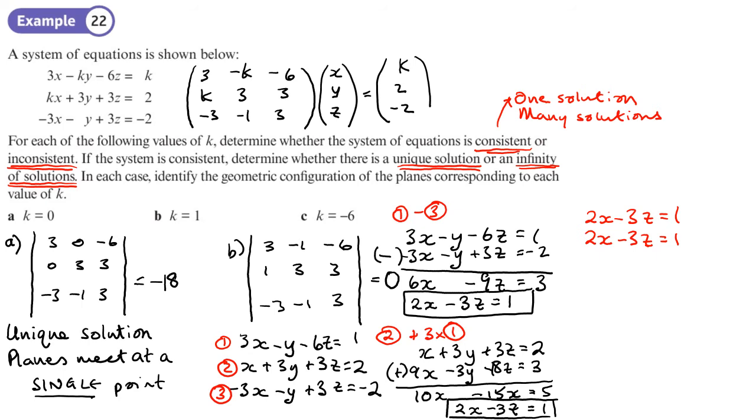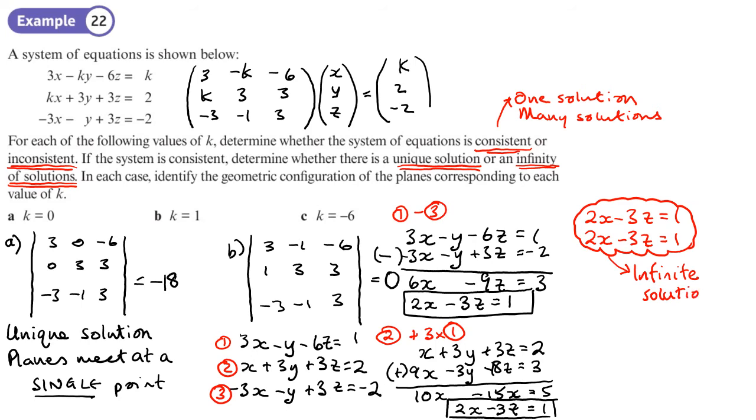Actually, there's an infinite number of solutions, because actually solving one equation is solving the other. I can't now eliminate x or z. So here there's an infinite number of solutions, infinite solutions.